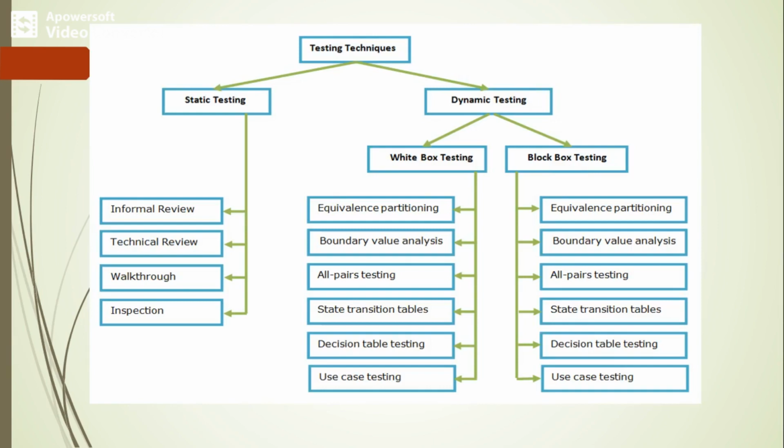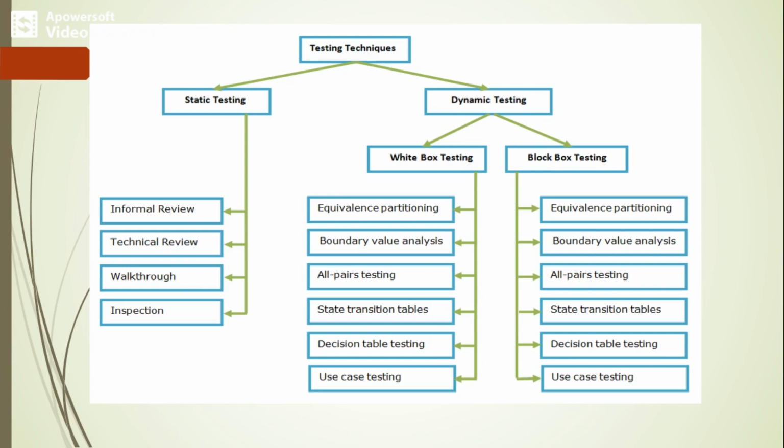So static testing once again has four concepts: informal review, technical review, and inspection, or else just a walkthrough with the product and doing the inspection on that particular product.